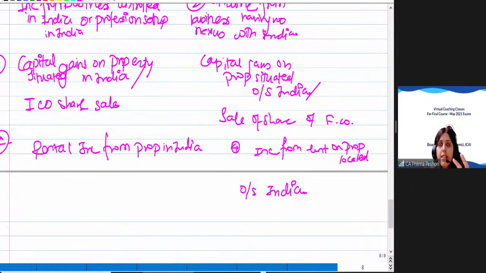Sometimes it happens that that kind of person is resident of none of the countries in the world. So he is a stateless person. Such persons are called stateless persons. They are not resident of any country. They are not liable to tax in any country in the world because of their residency.